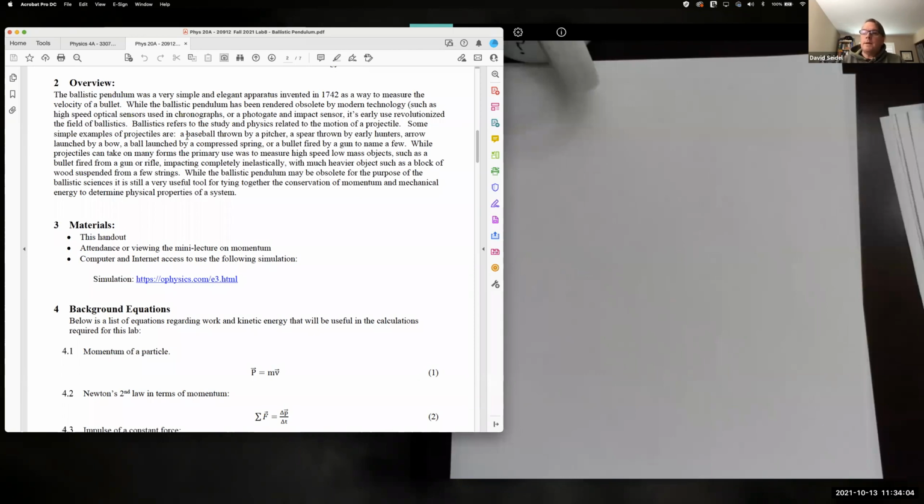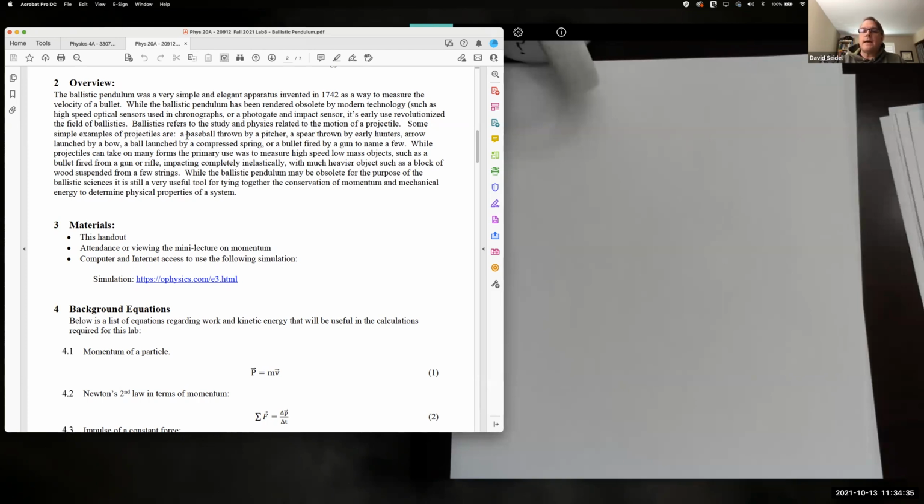Now, in our modern day, where we have laser beams and fast timing mechanisms, created by crossing laser beams and all sorts of other ways, it's now obsolete. But in its day, it was not obsolete. It was the only way to really do a good measurement of a high-speed projectile.